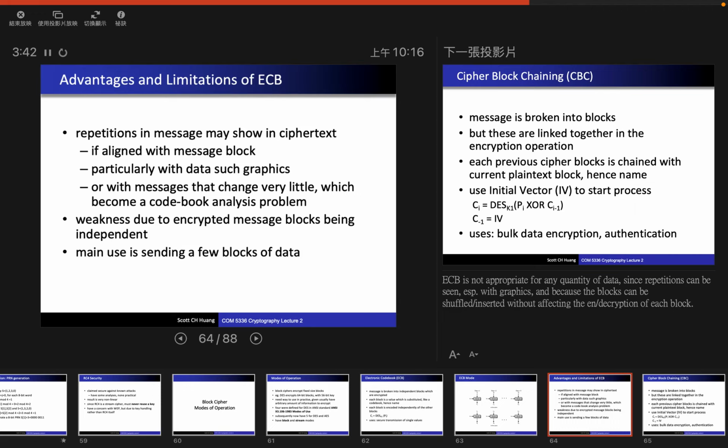So we can reuse the key, but not too much. For example, if you have 1 gigabyte, that's too much because you will be giving your attacker too many samples of plaintext and ciphertext pairs. But if you have a few kilobytes of data, then it's fine.